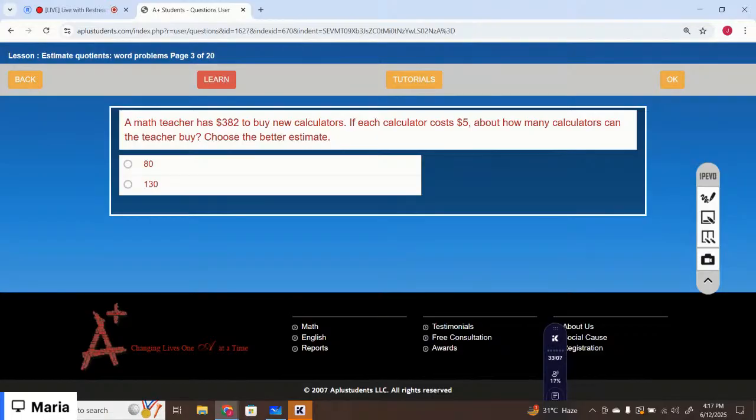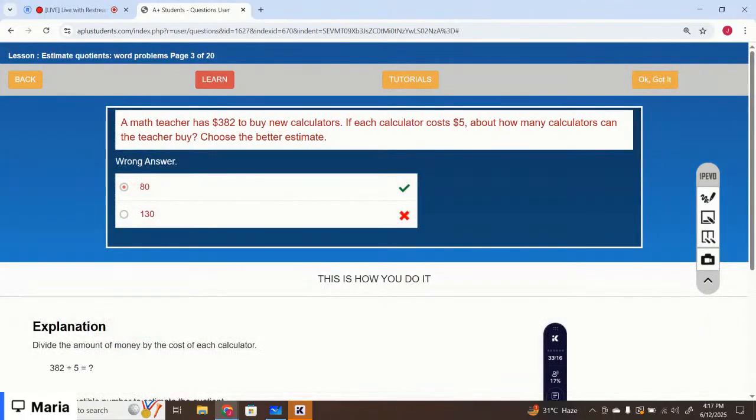Option number two is the correct option, that is 130. So option two is the correct answer. Oh, option one is the correct option.